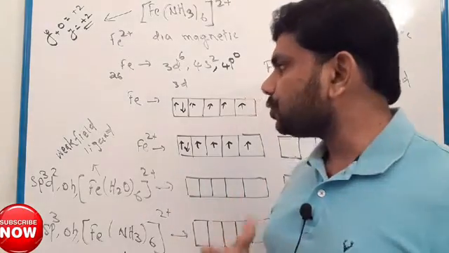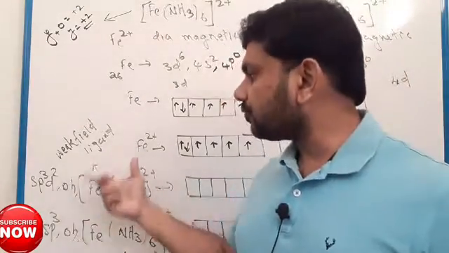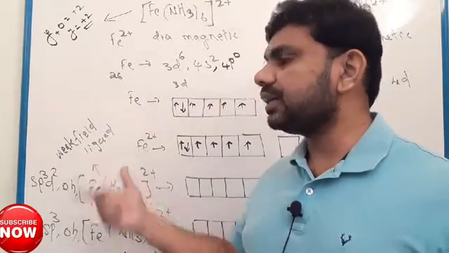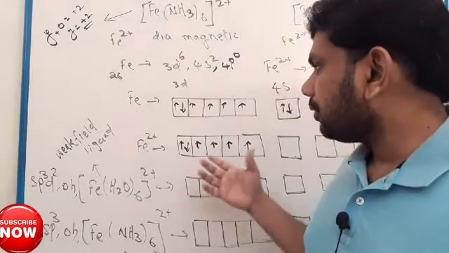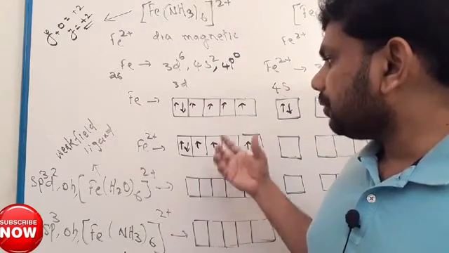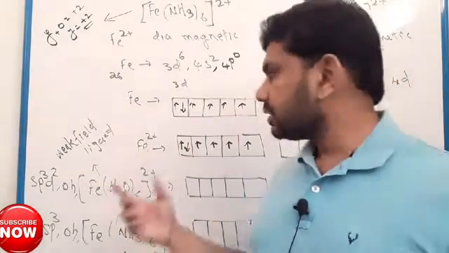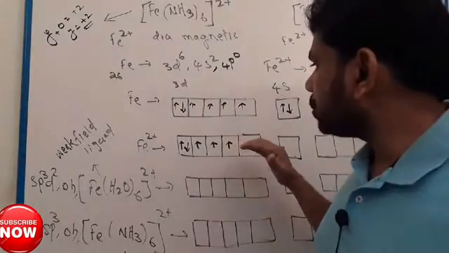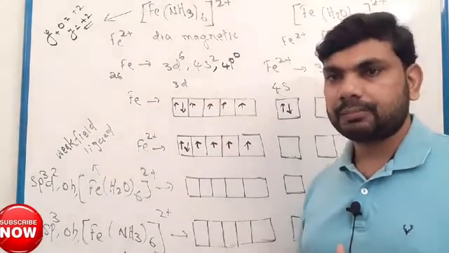So now you understand there are two different types of ligand, strong field and weak field. Weak field ligand means when the ligand approaches the central metal atom, the electrons do not pair. Pairing does not take place.